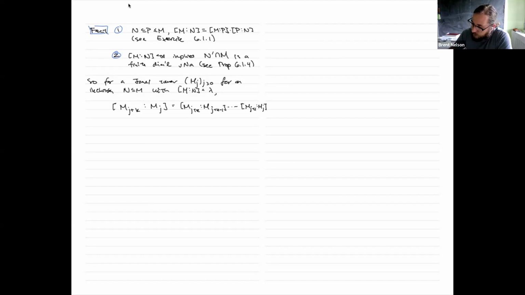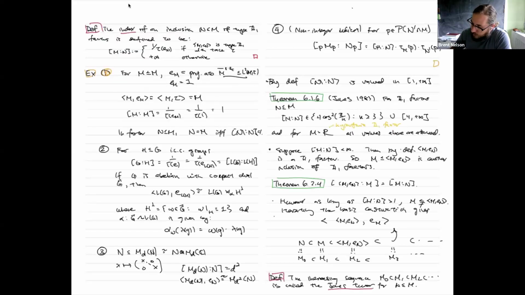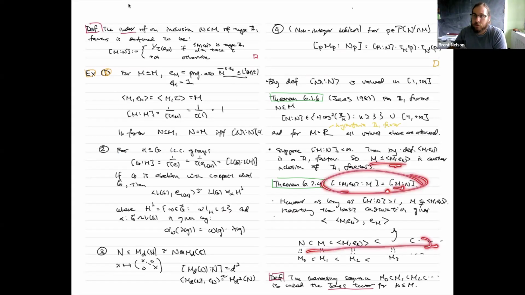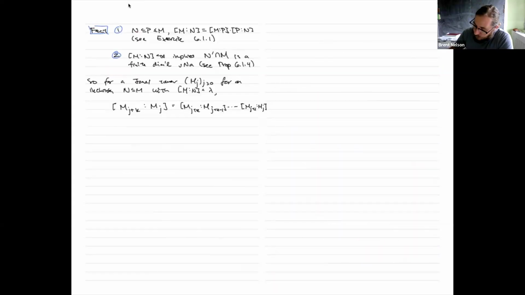And if I flash back to the previous page, remember that the index for the new inclusion that we generated was the original index. And so as I iterate this basic construction over and over again, every one of these step-one inclusions is going to have the same original index. So each one of these factors here is equal to lambda.